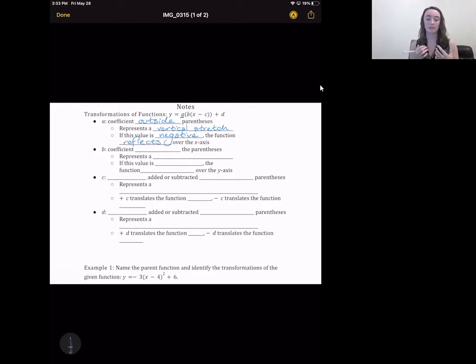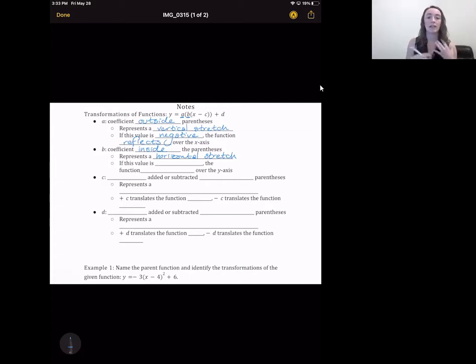Similarly, we have this constant b, which is a coefficient inside the parentheses. Similarly to a, this represents a stretch, but instead of a vertical stretch, b represents a horizontal stretch. So by increasing b, we can make our parent function wider, or by decreasing it, we can make it skinnier.